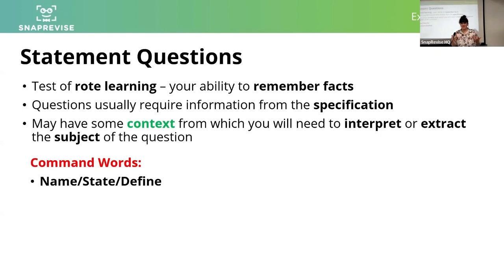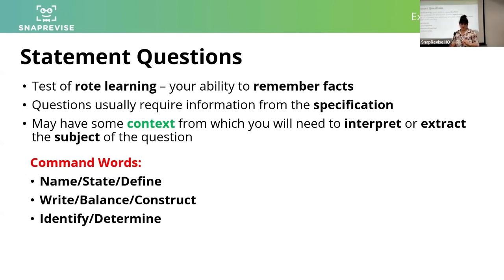So command words that you might see that will help you to think, well, this is a statement question and this is recalling what I need to know, are things like name, state, define, write, balance, construct. Sometimes these will be just recalling the rote learning, identify or determine, and some multiple choice questions are recall questions. There's also some drawing questions, which if you wanted to, you could rote learn answers for.